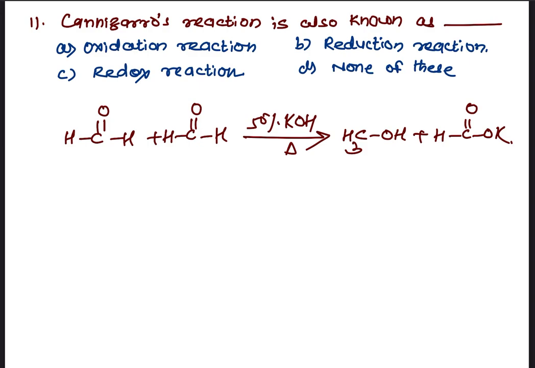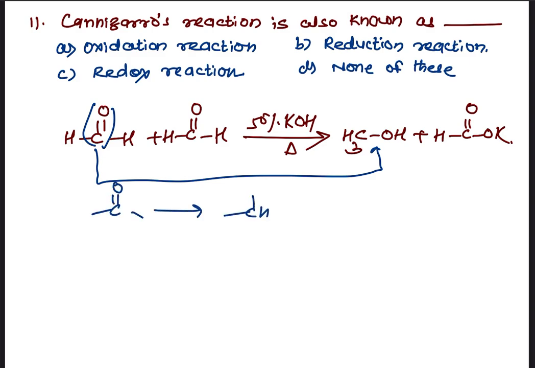Now focus on this reaction. Here the carbonyl group has been converted into CHOH, isn't it? For this methyl alcohol we can write it like this.